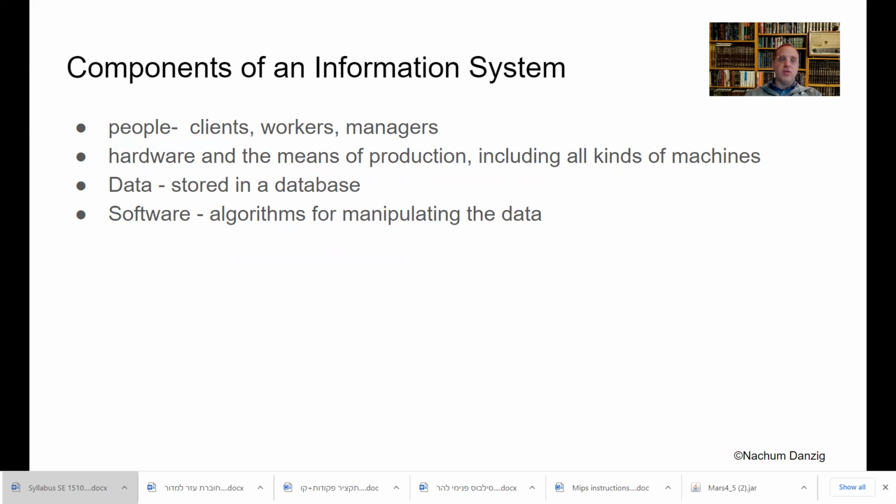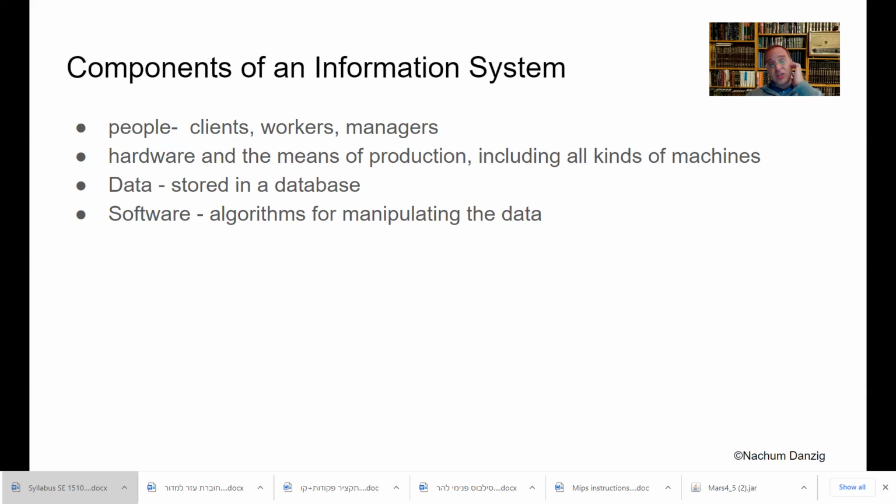So the components of an information system are these four things. The people themselves are components of it because they use it, they input data to it. Hardware and the means of production, including all kinds of machines.